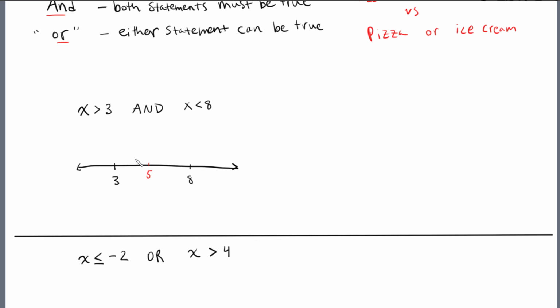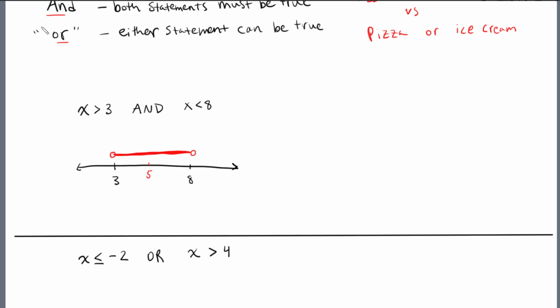If I shade in between, that must be true. So if I were to graph this, we're going to use open dots because it's greater than, less than, you know, I can't touch, I can get really close. And we're going to shade in between because all of these values in between 3 and 8 would make this true.